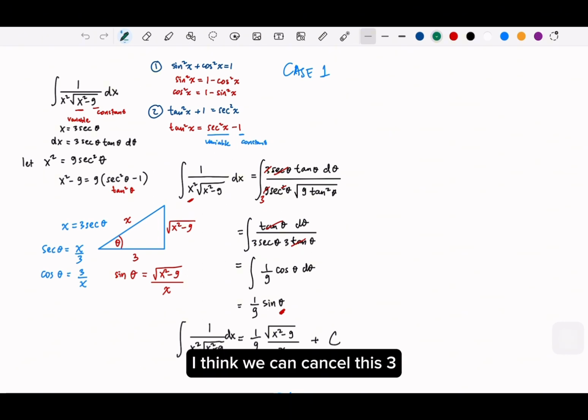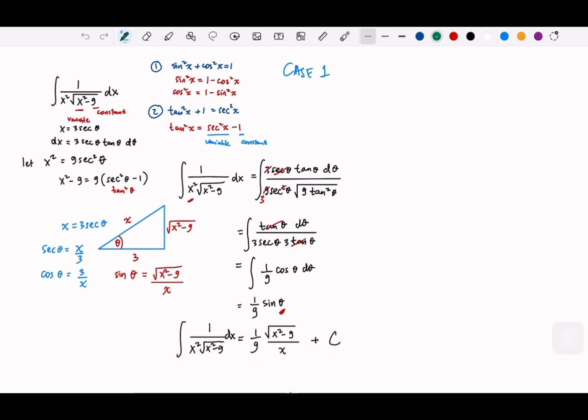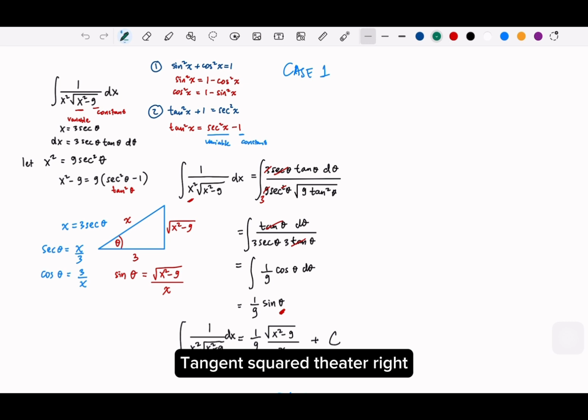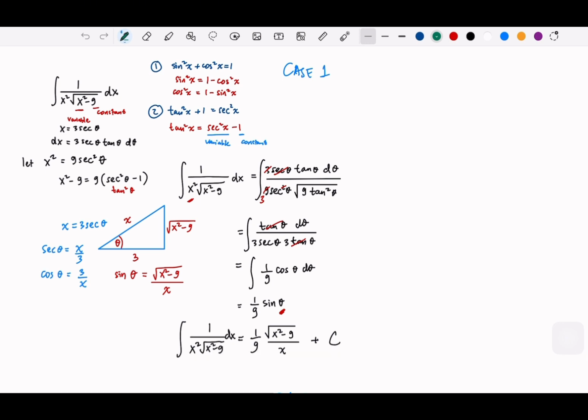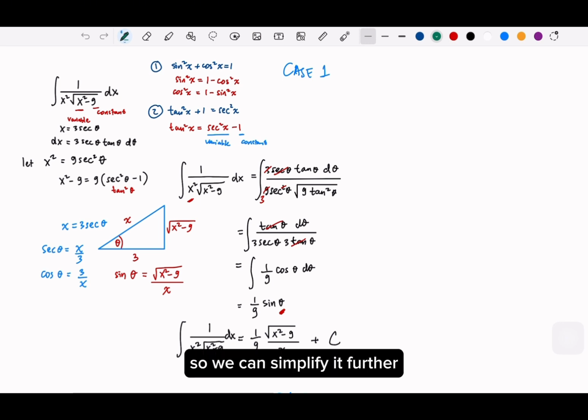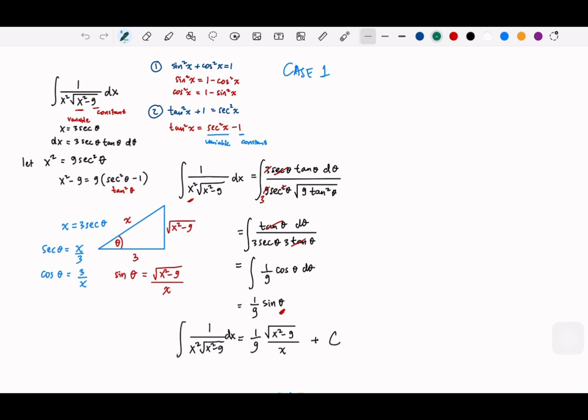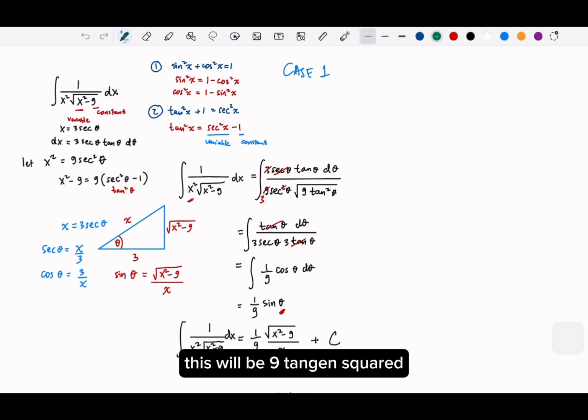We can cancel the 3 with 9 and the secant with the secant here. Inside the root we have 9 tangent squared theta. So we can simplify further: the integration of tangent theta d theta over 3 secant theta, because of the root, which gives 3 tangent theta.